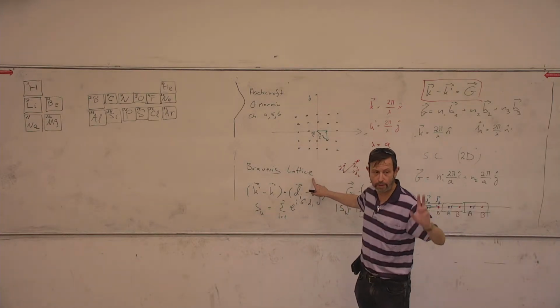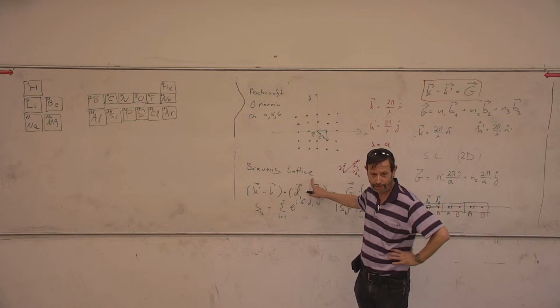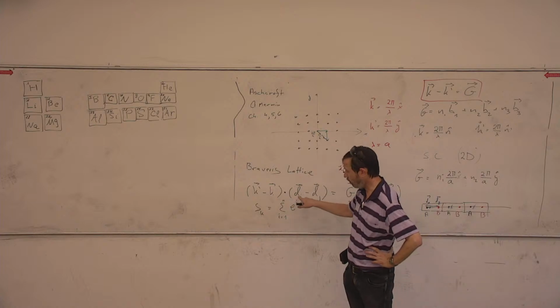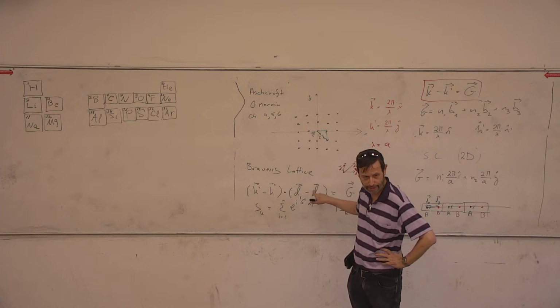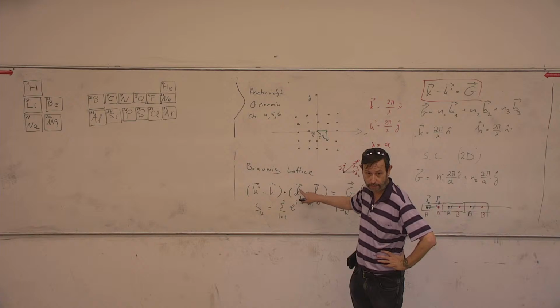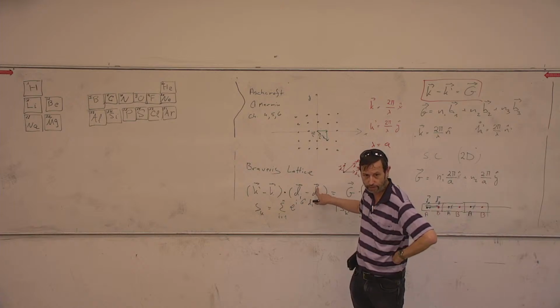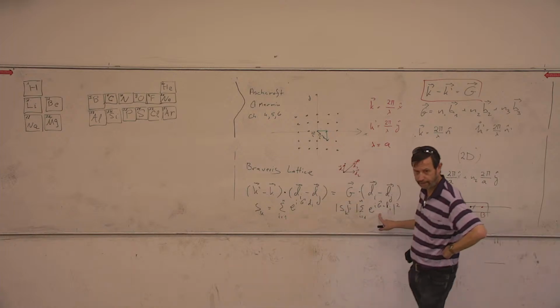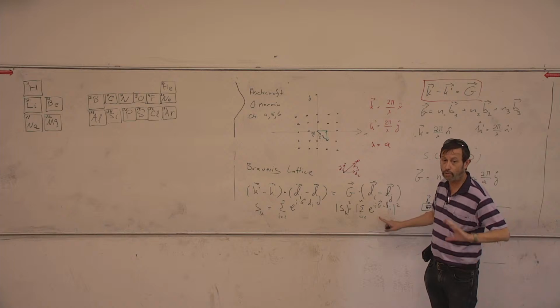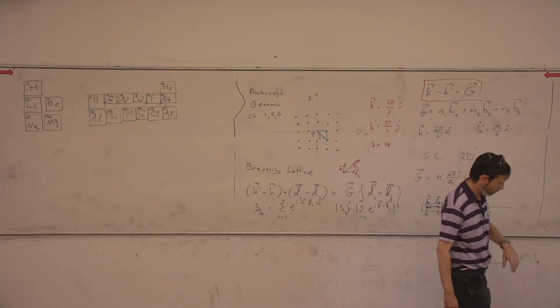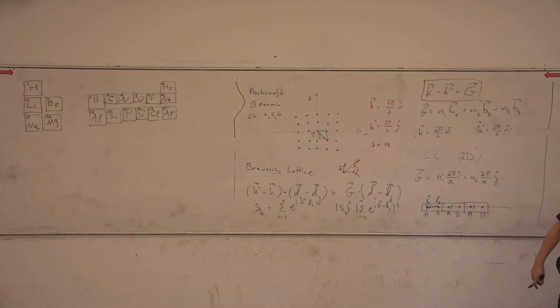No, that's between two particular points in the cell. But I didn't say all of them have to give you 2 pi in order to have full constructive interference, which basically is taken into account here. I'll do an example, and I think it will help you to see what's happening.